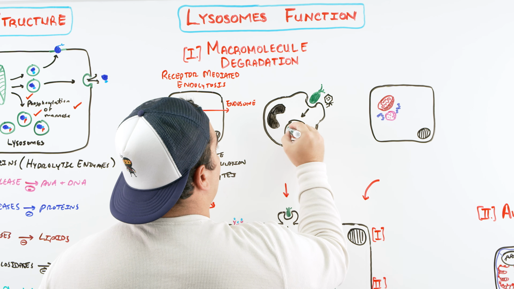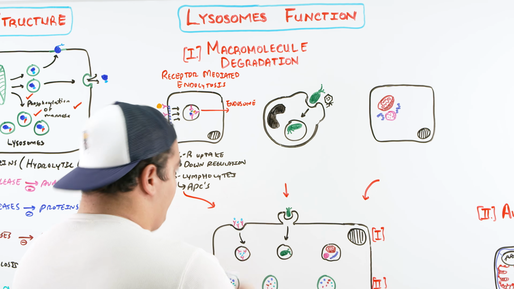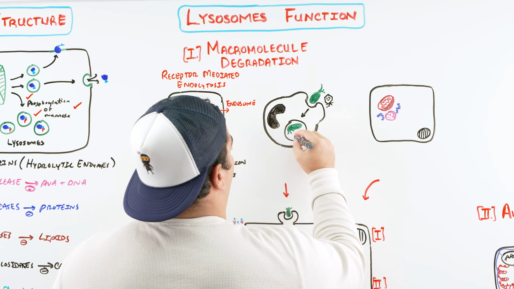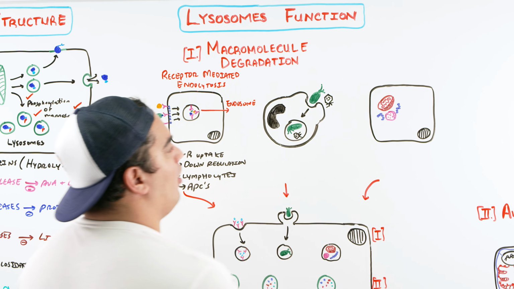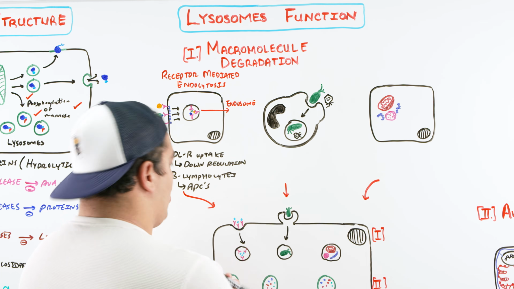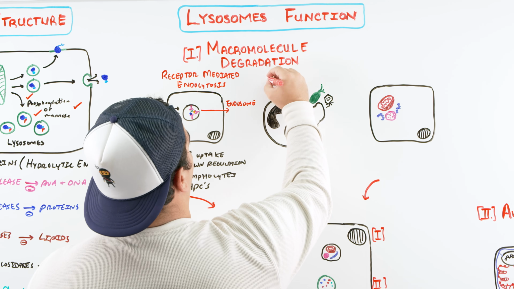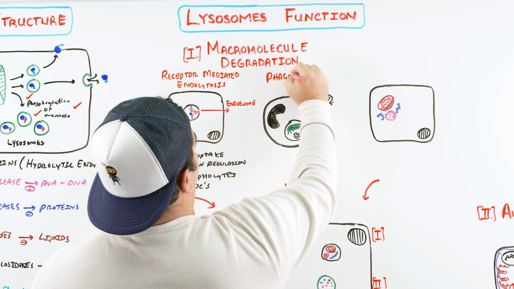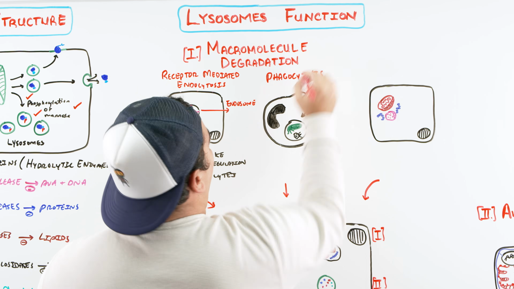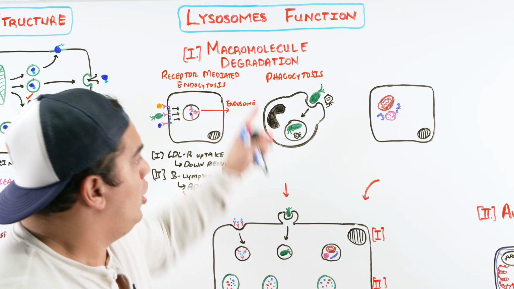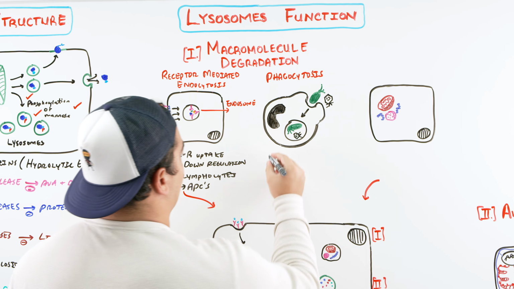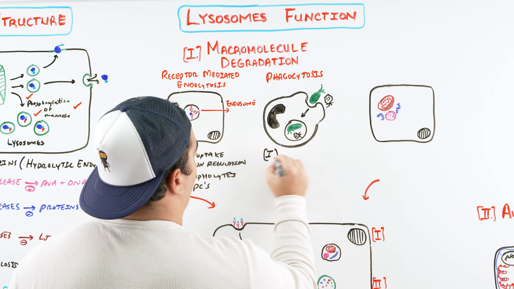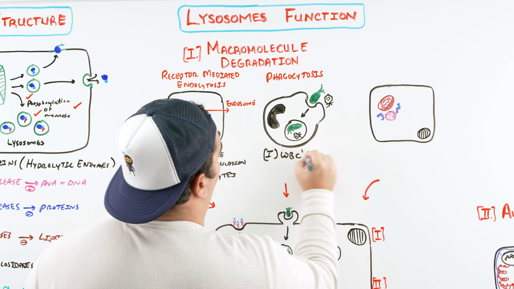Look at this. Isn't that cool? What is this process called, and in what kind of cells would this be critical to know? This is called phagocytosis. I'd say this is probably one of the biggest reasons for having lysosomes, honestly. This is pertinent in white blood cells.